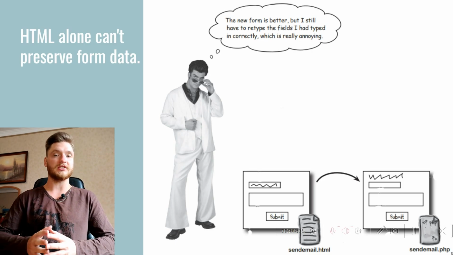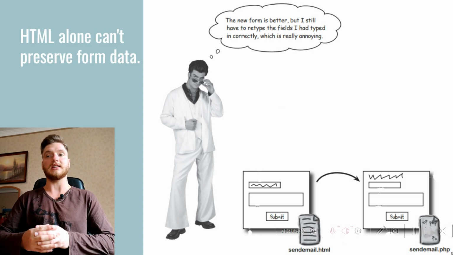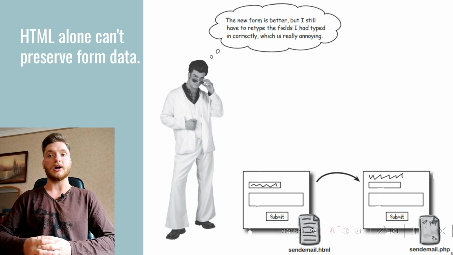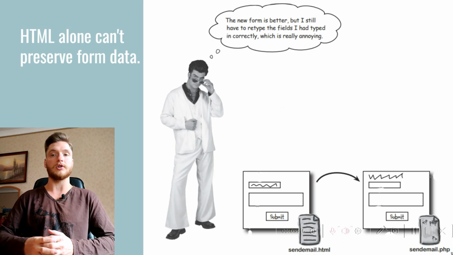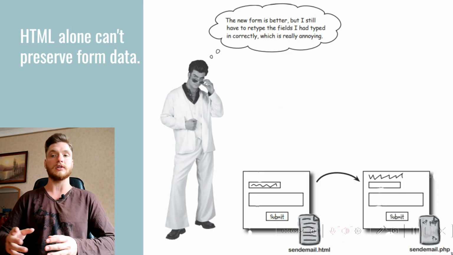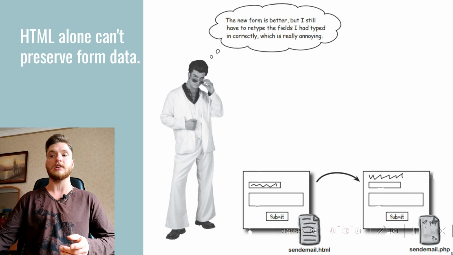We can't get around the fact that a new form will have to be generated in the PHP script, but we need a way to remember any data Elmer might have already entered and plug it back into the new form so that Elmer can focus solely on filling out the form field that he accidentally left empty.